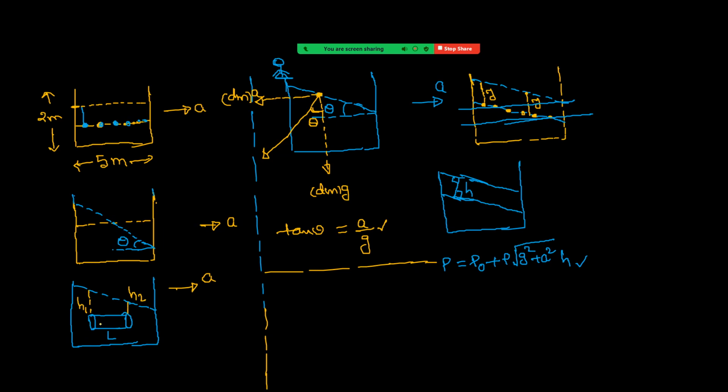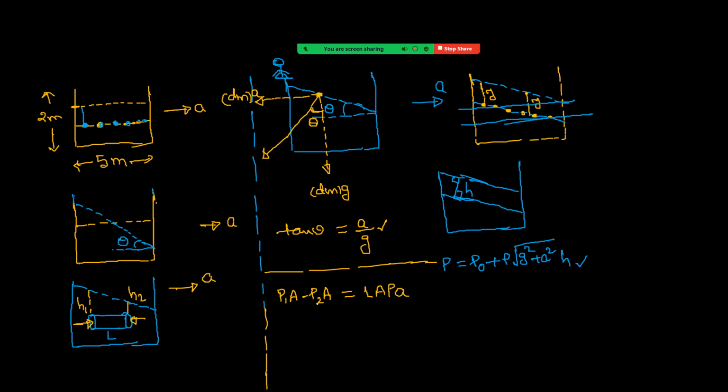On this face, the force is P1 into A, to the right. On this face, the force is P2 into A, so minus P2 into A. This is now the net force. Net force equals mass into acceleration. Mass is length into area, which is volume, into density. That is mass into a.